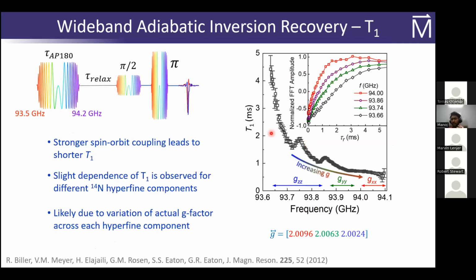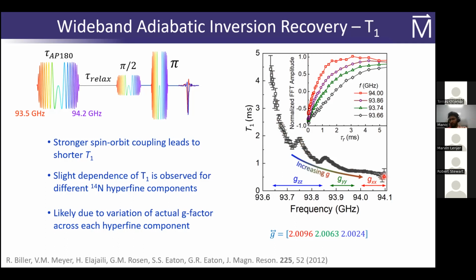Now, if we take the echo intensity at each frequency as a function of the relaxation time, or the delay between the pulses, and fit it to an exponential curve as shown in the inset, then we can extract the spin lattice relaxation time. This figure represents the T1 of TEMPO across the entire spectra. What we observe here is a clear anisotropy of TEMPO across its entire bandwidth.